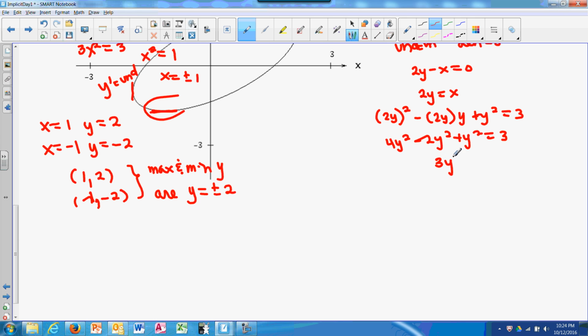So 3y squared equals 3 gives me y squared equal to 1. So y equals plus and minus 1.